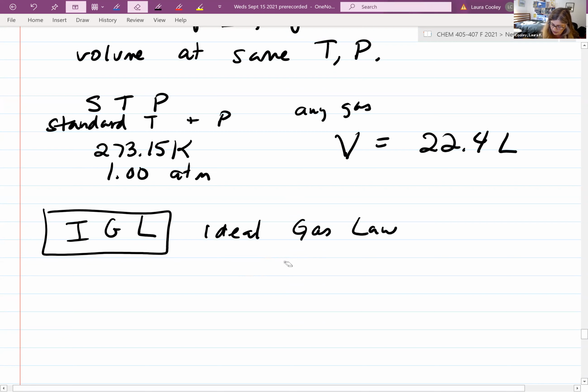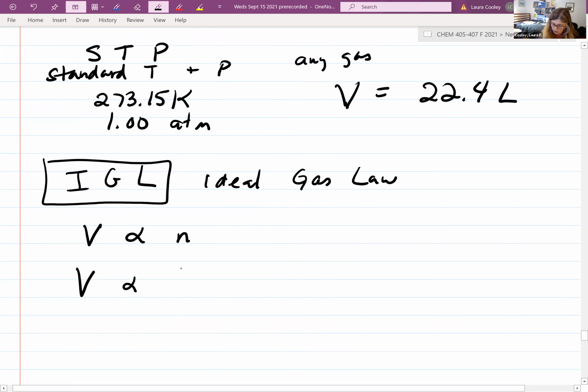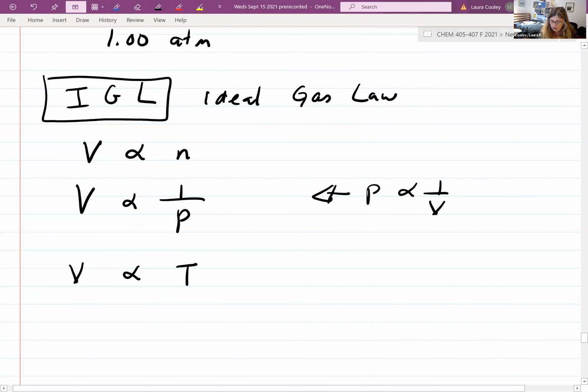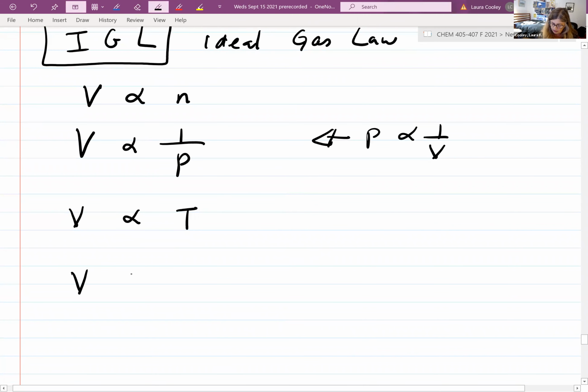Let's start with the fact that V is proportional to moles. V is proportional to 1 over P. P is proportional to 1 over V. I just rewrote it. Volume is proportional to temperature. So if we take all these together, the volume is proportional to moles times temperature divided by pressure.